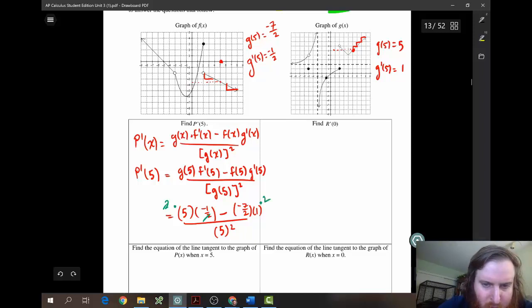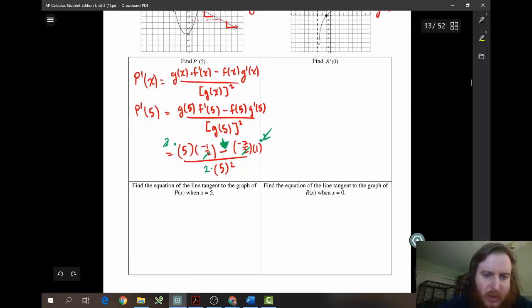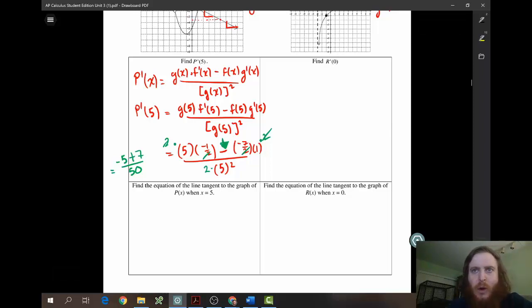Then this side by 2, we'll cancel out. And then the denominator by 2. Basically, we're multiplying every term, where that separates. So this ends up giving us negative 5, plus 7, all divided by 2 times 25 is 50. So that's 2 over 50, or 1 over 25.